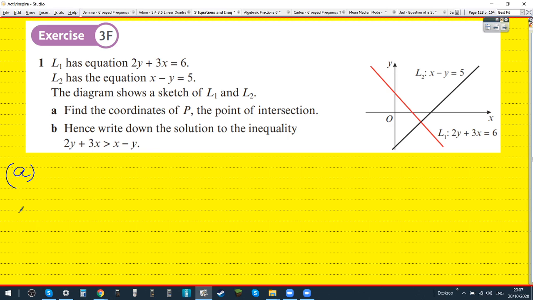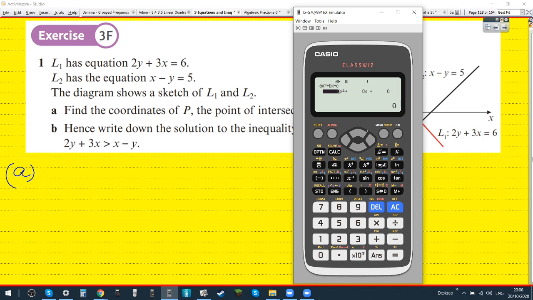You could do it using simultaneous equations right away with the calculator. So it'd be 3x plus 2y equals 6 and 1x minus 1y equals 5.